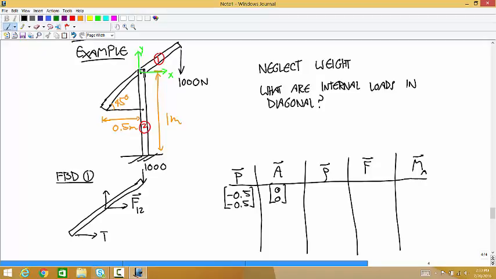So the row vector for this cable tension is negative 0.5, negative 0.5. The force vector is T, 0. So the cross product is in the z direction, positive 0.5 T.